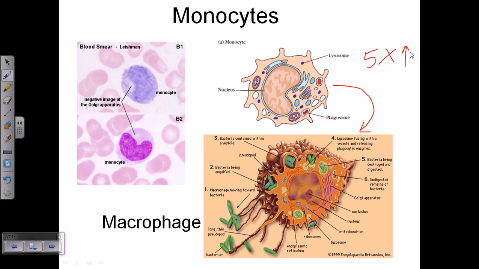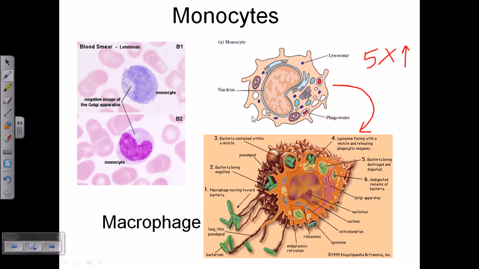The second is that they become bigger and bigger, and they start migrating and phagocytosing bacteria or pathogens that enter our tissues. These two things make them really dangerous. They start producing enzymes which can degrade the taken-up pathogen. So they become macrophages from monocytes.